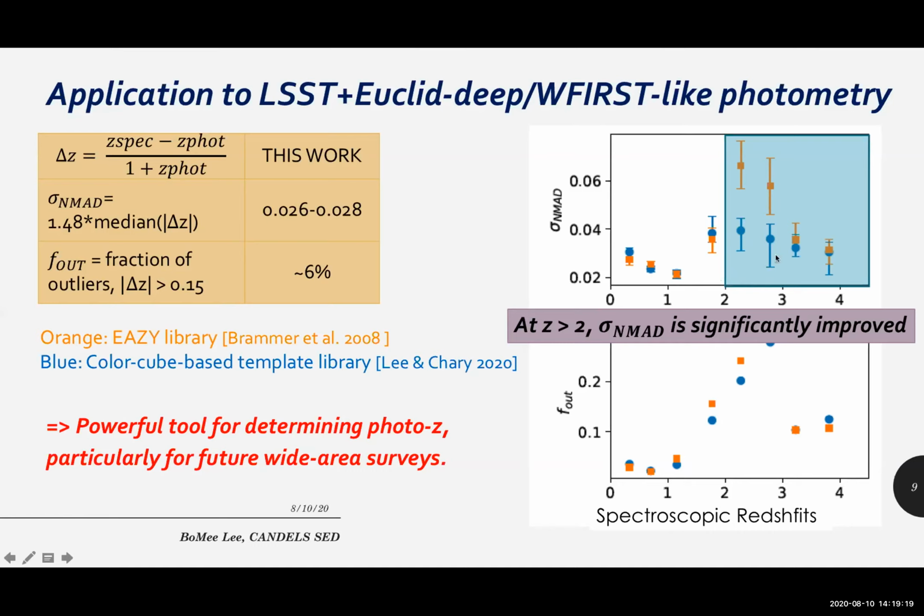It's really hard to actually track the improvement at each redshift range, but I think here the big jump at redshift greater than 1 or 1.5 is because maybe the number of galaxies in each bin is actually different, for sure, right?